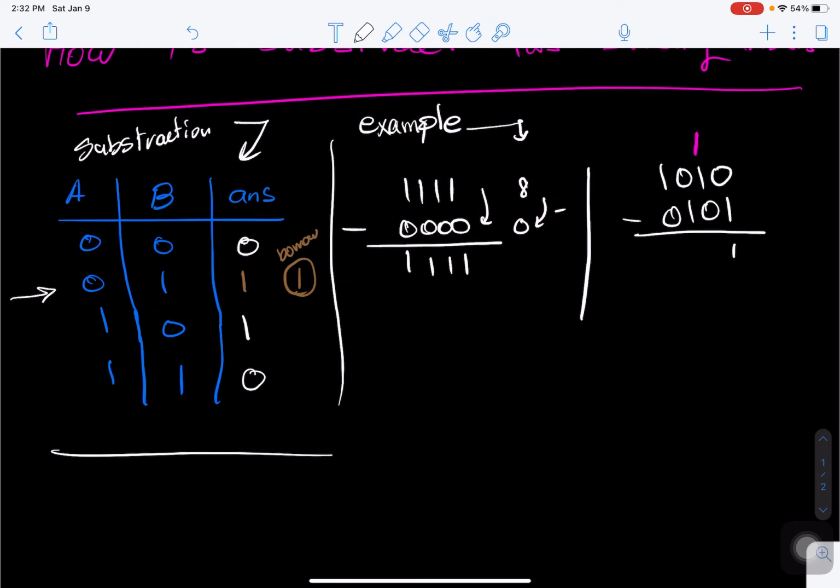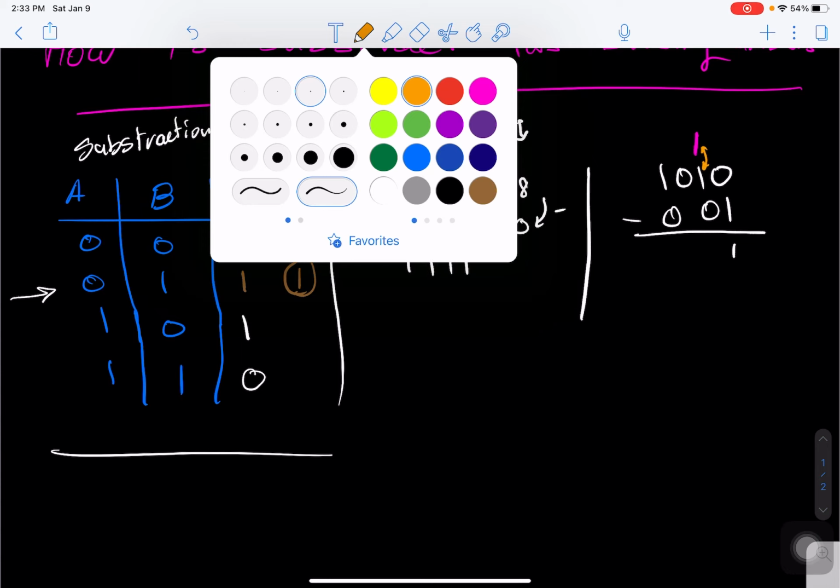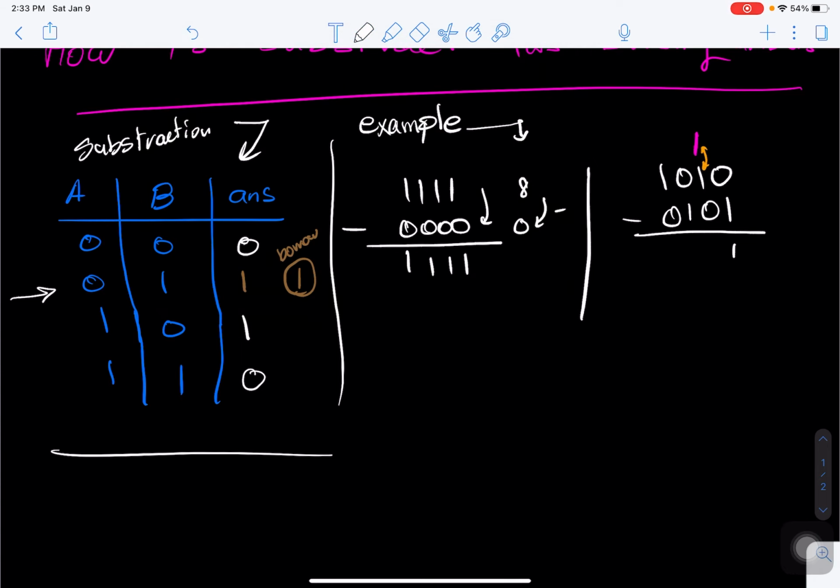When you do the subtraction at this point, it's very important that you subtract these two numbers first instead of doing these two, because if you do the second one first, it's going to mess up the whole answer and you can't get it right. So we subtract 1 from 1, which is 0, and then 0 minus 0 is 0.